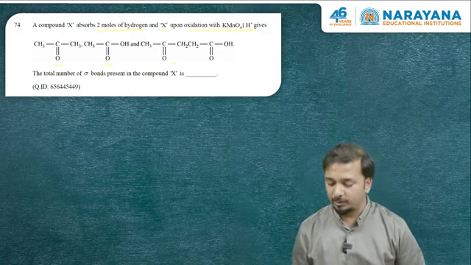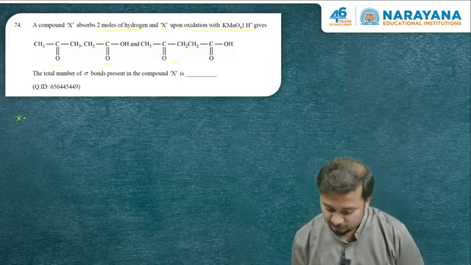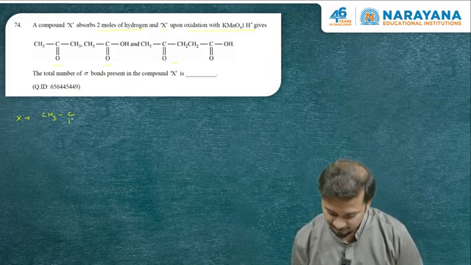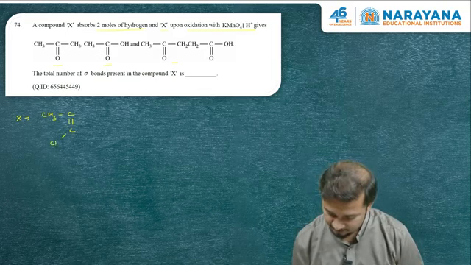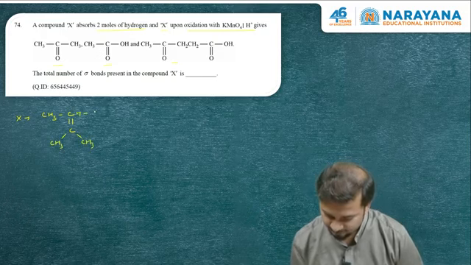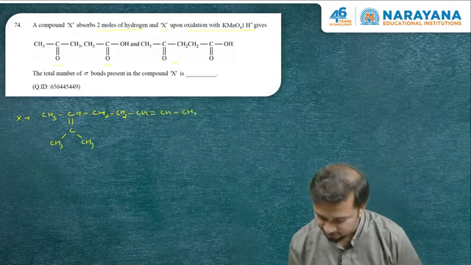So you have to find the total number of sigma bonds present in the compound X. So X should be CH3, C, double bond C, CH3, CH3, H, C, H2, CH2, CH, double bond CH and CH3.